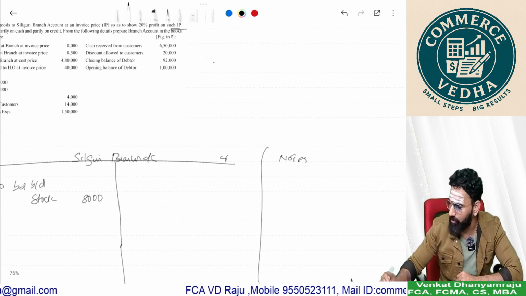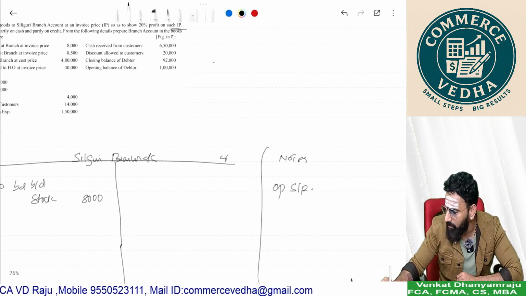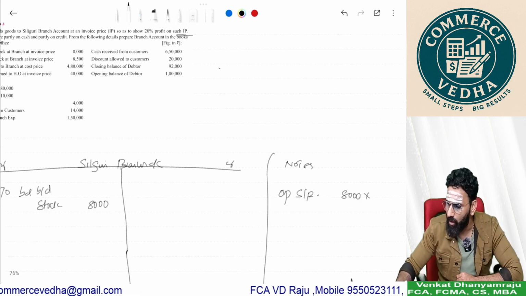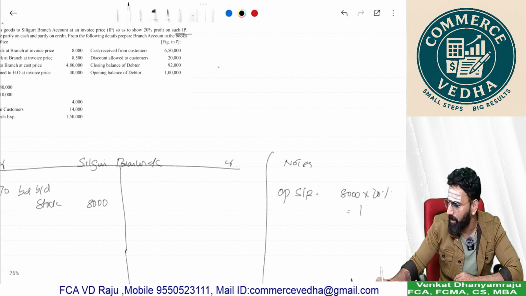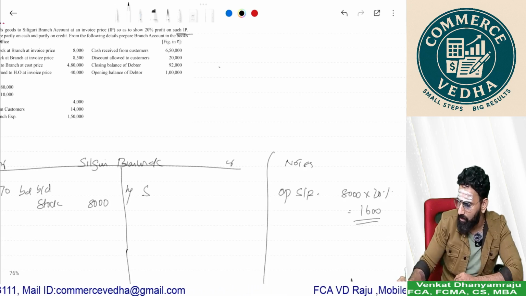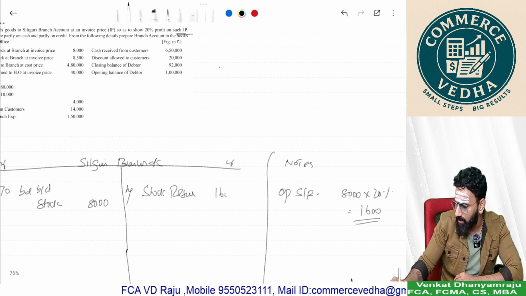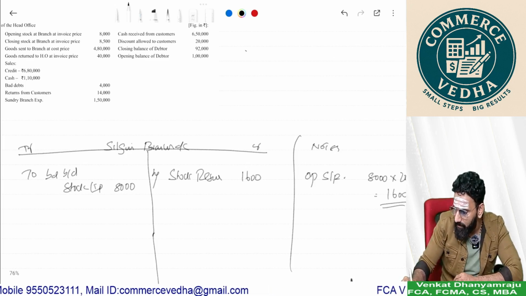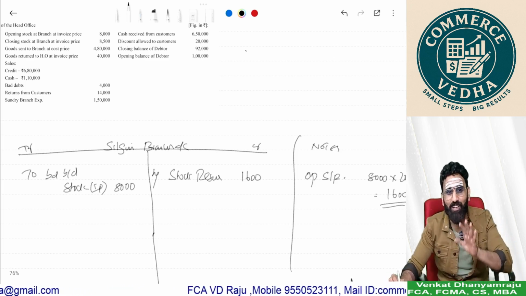So here I should write opening stock reserve, which is stock at invoice price into the loading, which is also on invoice price. So directly I can compute 1,600, which I am recording here by stock reserve 1,600. So opening stock at invoice price and stock reserve loading, the net is recorded at cost.